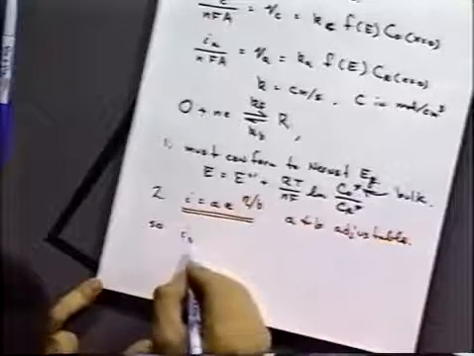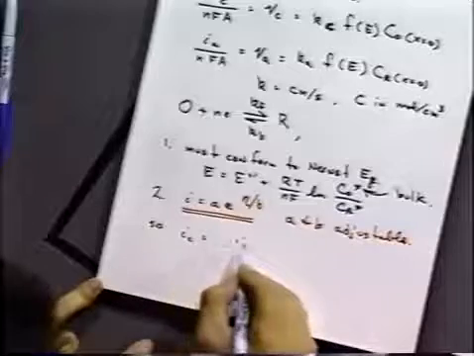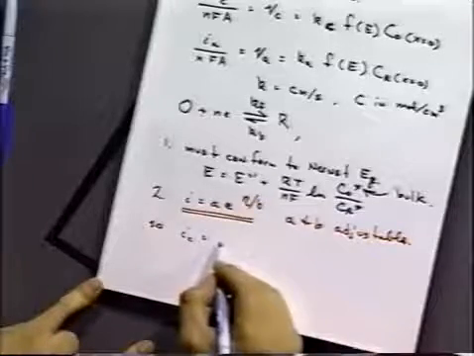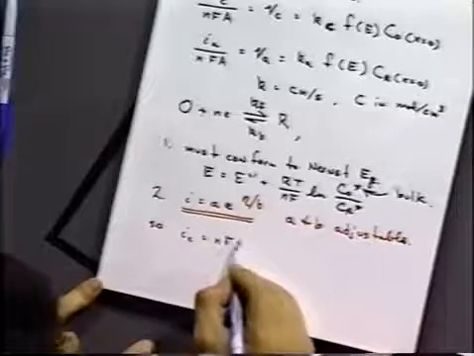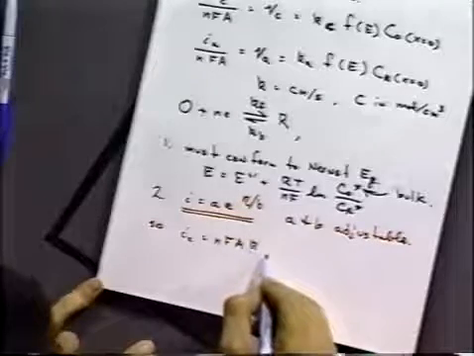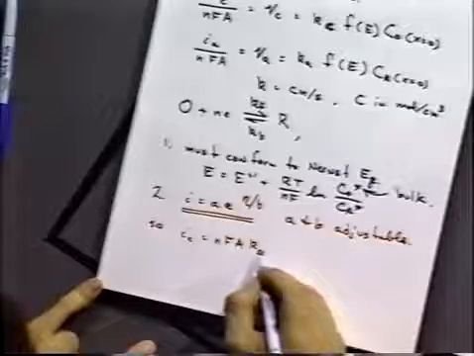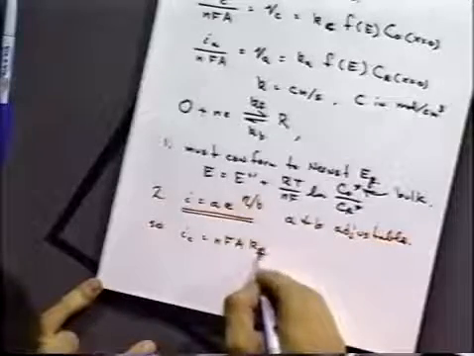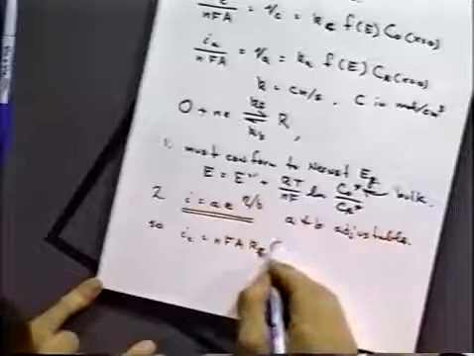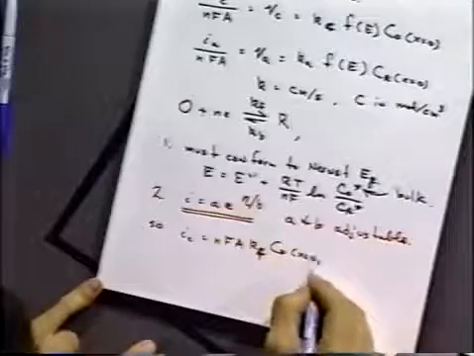Given this, we can put in our potential dependence into the system. Starting out, we'll start writing down the equations that we've already really got. The cathodic current is nFA. We're always going to include those electrical terms and the area term, times Kf times the concentration of O at x equals 0.